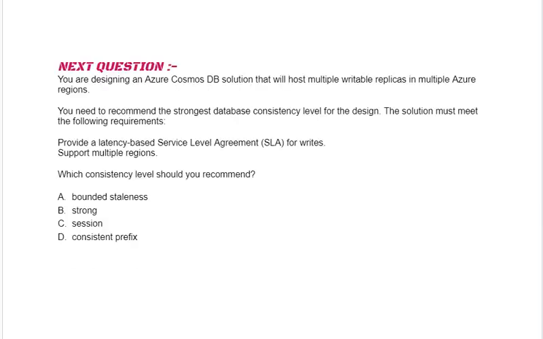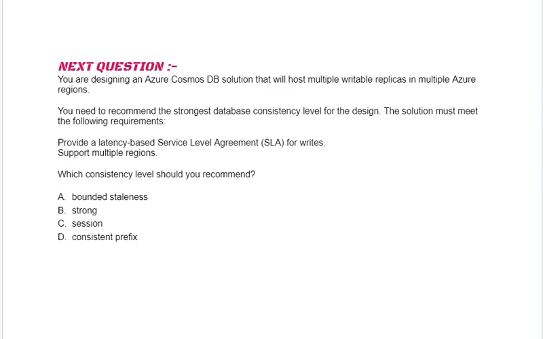Next question is, you are designing an Azure Cosmos DB solution that will host multiple read replicas in multiple Azure regions. You need to recommend the strongest database consistency level for the design. The solution must meet the following requirements. Provide a latency-based service level agreement, SLA, for writes.